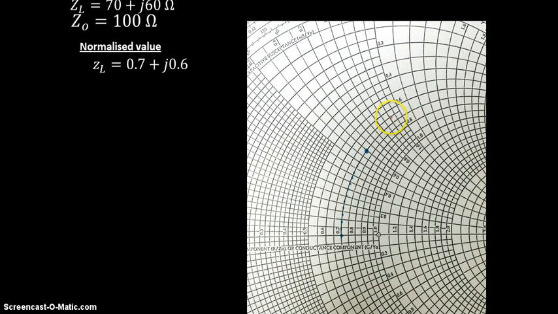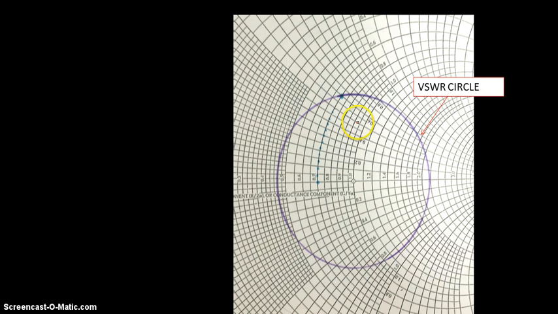So if you see, this is your 0.7 value and this is your 0.6. They meet here, and that is your ZL. After plotting ZL, we will draw the VSWR circle.